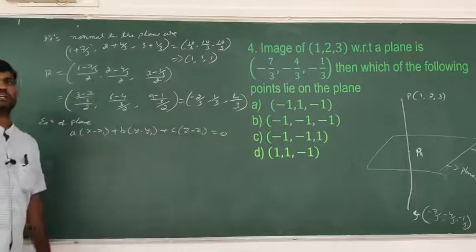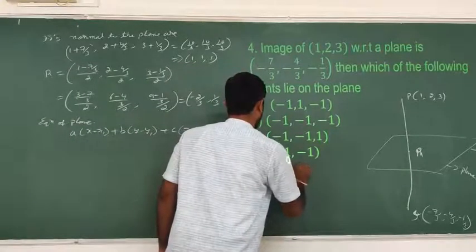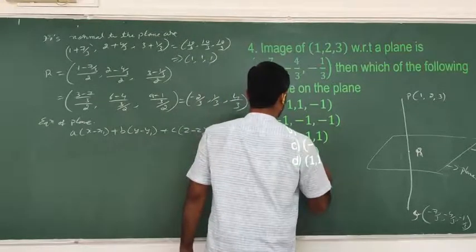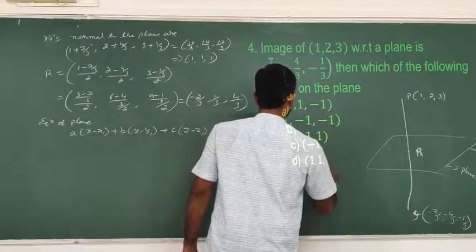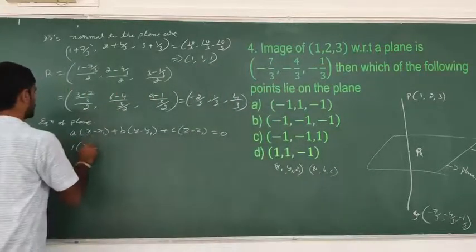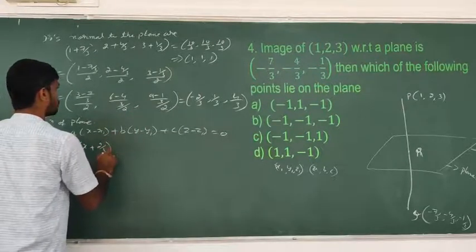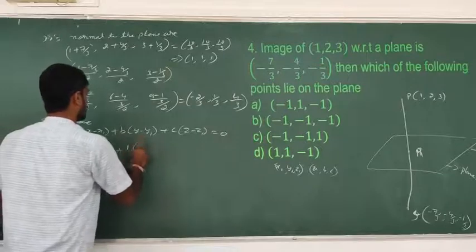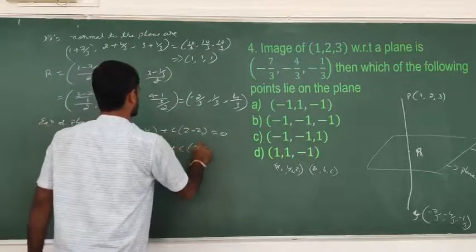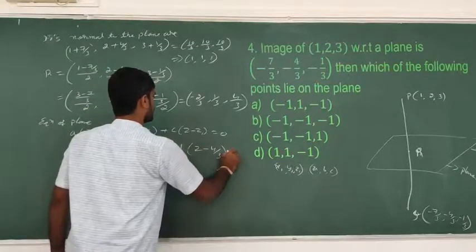This is the formula for the equation of a plane passing through the point x1, y1, z1 and perpendicular to the normal a, b, c. Now 1 into x minus x1, which is minus minus 2 by 3, becomes plus 2 by 3, plus b is 1, y minus y1 is 1 by 3, plus c is 1, z minus z1 is 4 by 3, equal to 0.